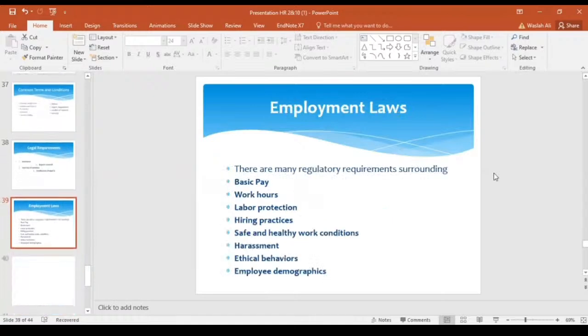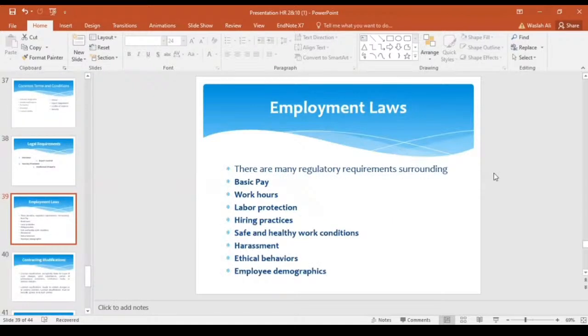Moving to the next slide, we have some laws which are followed during any contracts. There are many regulations and requirements surrounding basic pay, work hours, labor protection, hiring practices, safe and healthy work conditions, harassment, ethical behavior, and employee demographics.